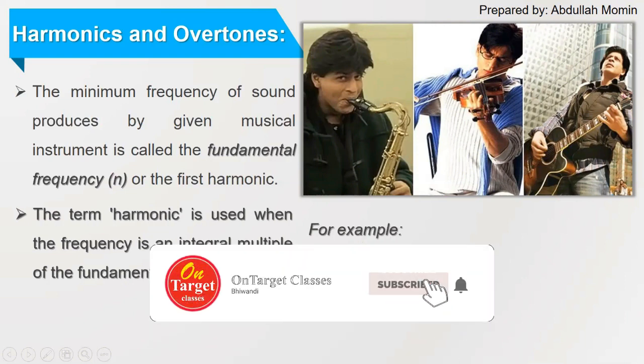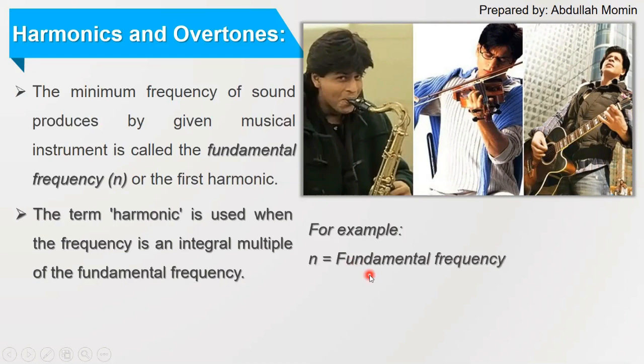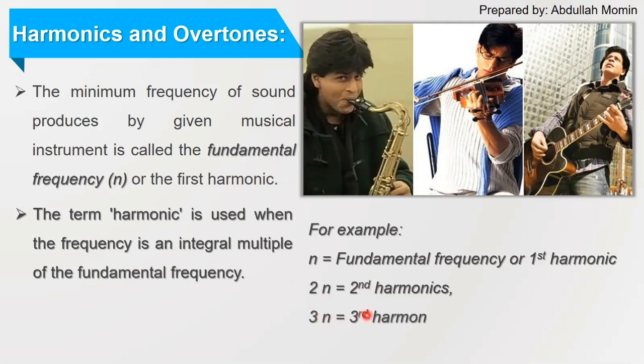For example, if n is your fundamental frequency, it is also called the first harmonic. Why is it called the first harmonic? Because this n is multiplied by 1. If you multiply this n by 2, then it is called the second harmonic. If n is multiplied by 3, then it is called the third harmonic.